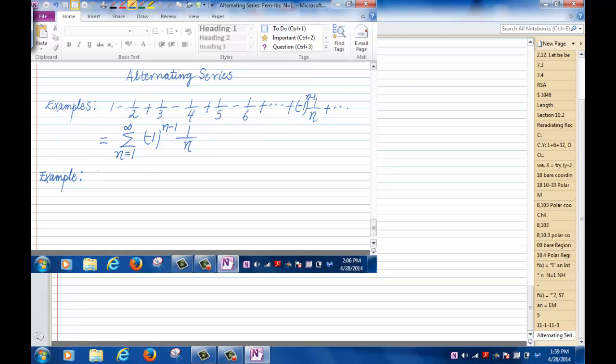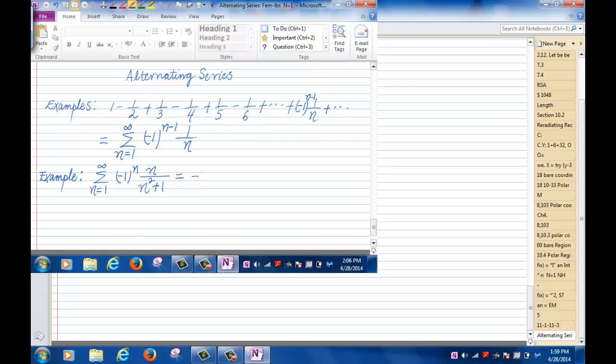Let's say I have the series. I'm going to start with the summation notation. n is going from 1 to infinity, negative 1 to the n, and n over n squared plus 1. So what is that? The first term now is negative.